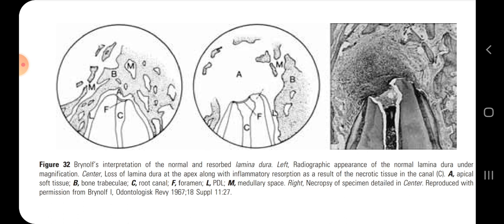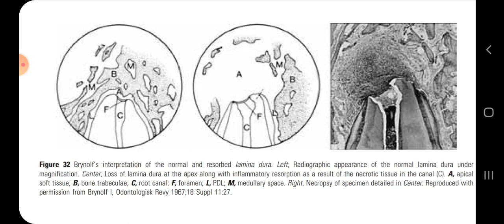Now, loss of lamina dura at the apex along with inflammatory resorption as a result of necrotic tissue in the canal. In picture C, you can see there is a loss of lamina dura around the apex due to inflammatory resorption.